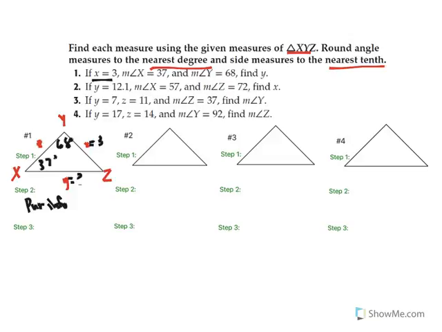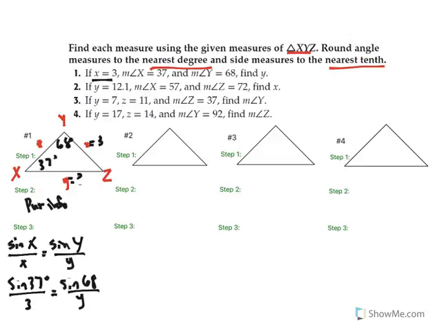And now step 3, we choose whether we want to do law of sines or law of cosines. We're going to use law of sines, so now we substitute. We get the sine of angle X is to side x as the sine of 68 degrees is to side y. The sine of angle Y is to side y. And now we substitute our numbers from the triangle in. We get the sine of 37 over 3 equals the sine of 68 over side y.